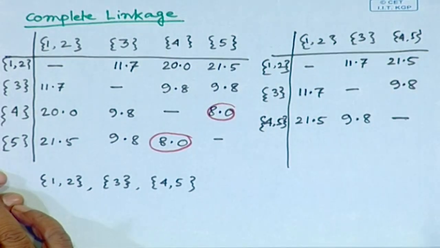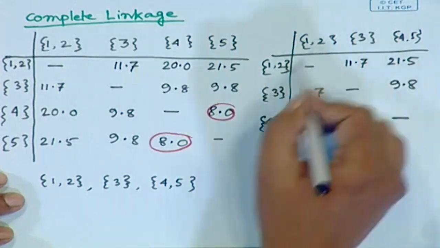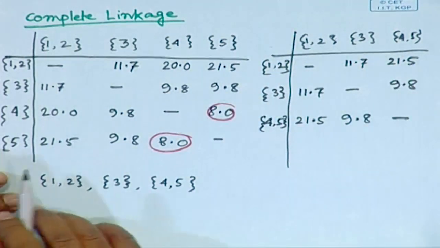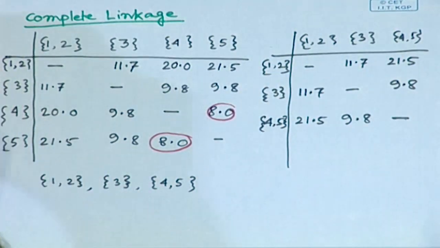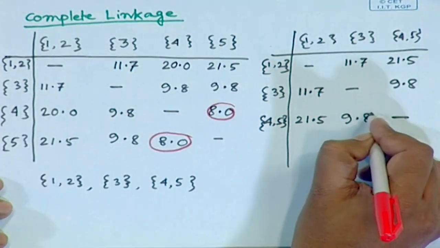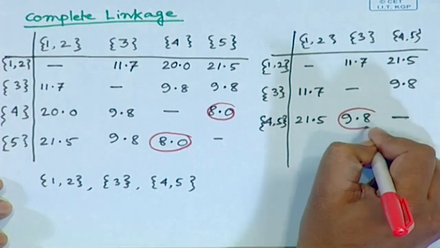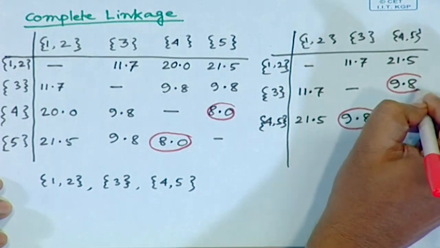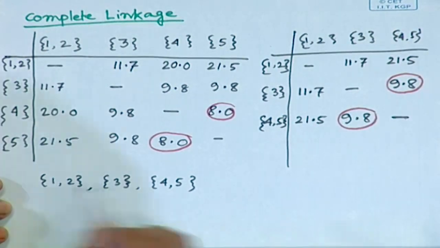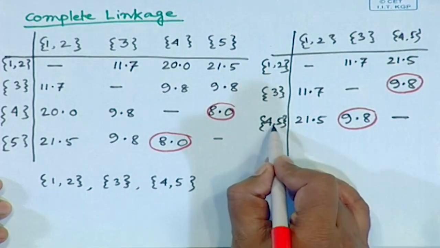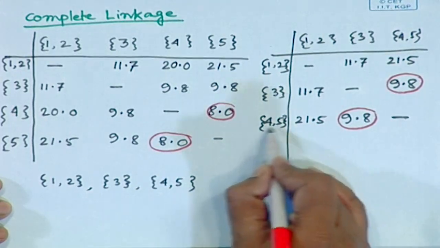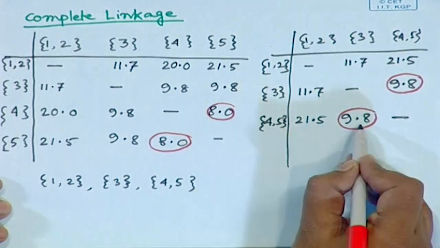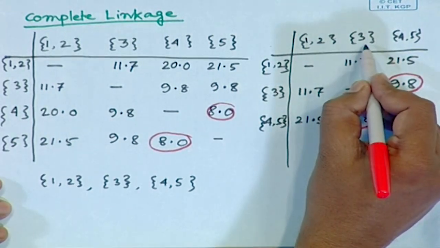Okay. So, following this complete linkage algorithm, I get such distance values, and the minimum of this is now 9.8. Okay. So, that means now I combine this particular cluster having these points 4, 5 with the set 3.